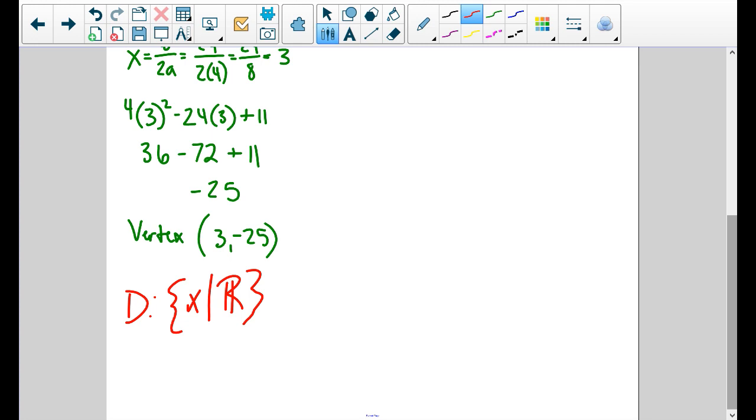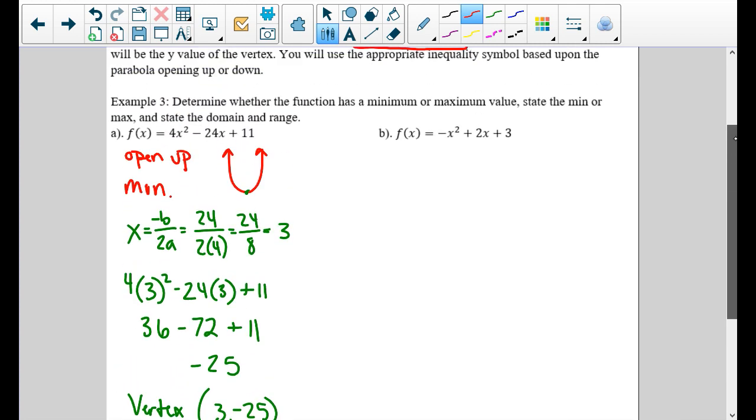Now, what's the range? To calculate the range, it's the y values. Again, this point is 3, negative 25, and I'm going up, so these numbers are all bigger than negative 25. Make sense?